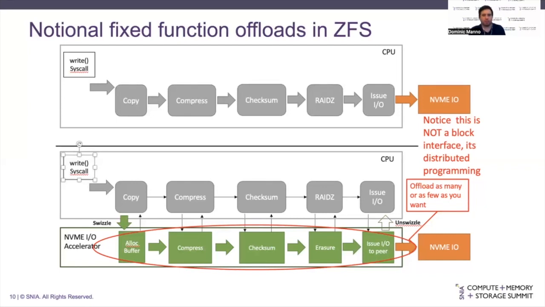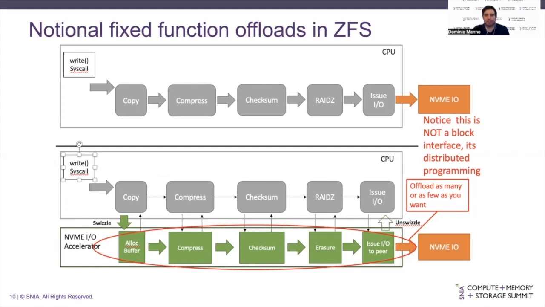At the top here, we see the normal path a write would take through the ZFS IO pipeline. Each function likely requires at least one copy of the data, probably more. And you can see the ordering of the operations. You take a copy from user space, then do the compression operations, followed by the checksum operations, RAID-Z, and then issuing IO out to the devices.